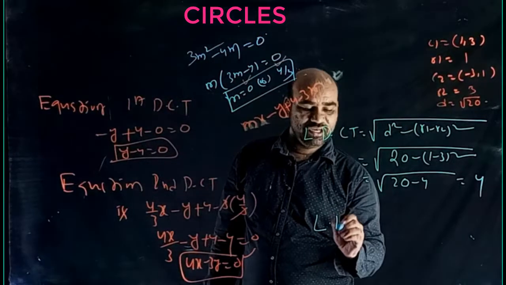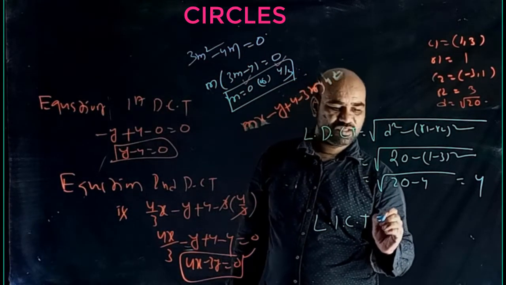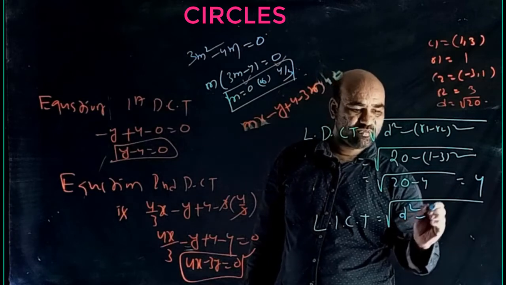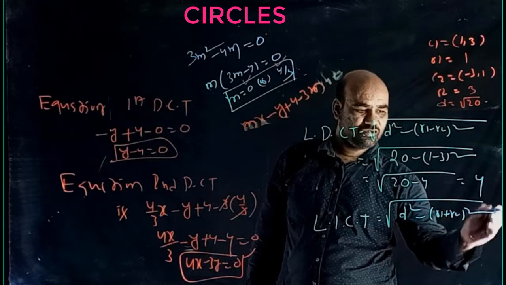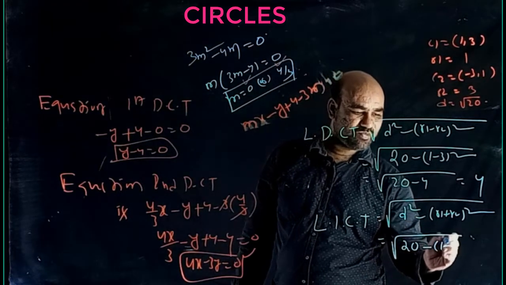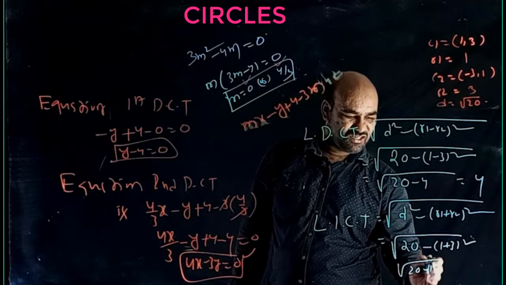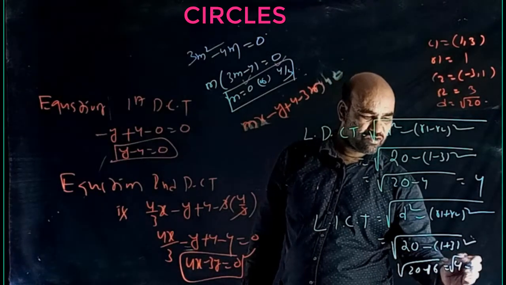Length of the indirect common tangent is root over d square minus (r1 plus r2) whole square, that is root over 20 minus (1 plus 3) whole square, root over 20 minus 16, that is root over 4, which is 2.